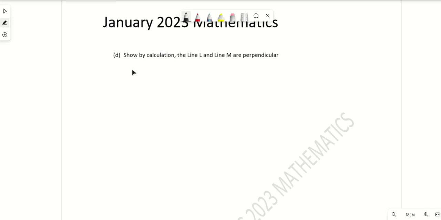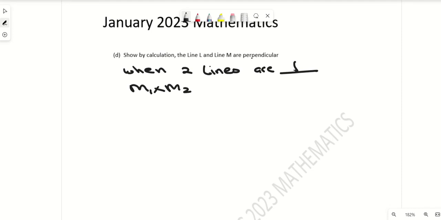Okay, so this one, show by calculation that line L and line M are perpendicular. Now, a property for perpendicular lines, when two lines are perpendicular, this is the sign for perpendicular, M1 multiplied by M2, that is the gradient for line 1.